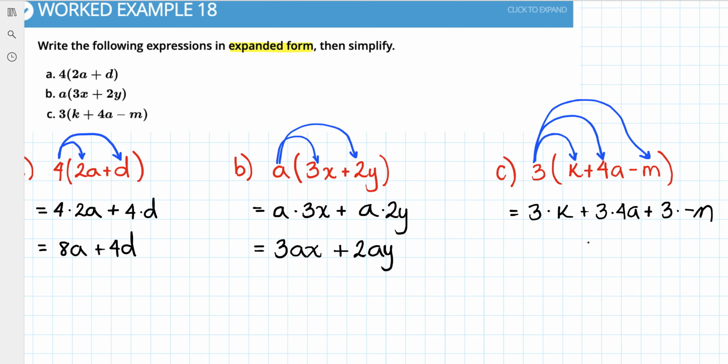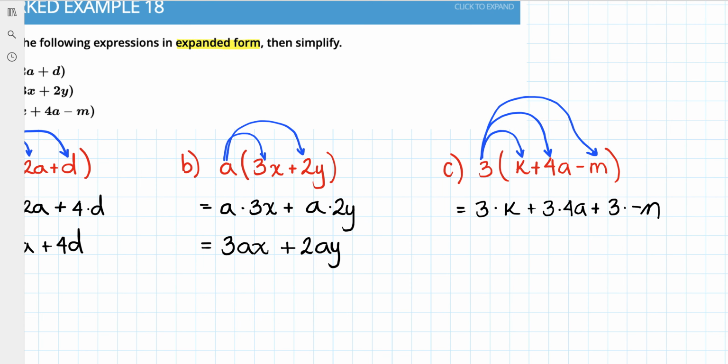Be aware, oh sorry girls, with what I have, this m looks awful. With what I have done just now, notice that here this k doesn't have a sign before it, so it's implied that it's a positive sign. Agree? Here there is a positive sign with the 4a, so I'm putting this positive sign here. I wrote this one as a negative because I want to show you something. There is a negative sign here.